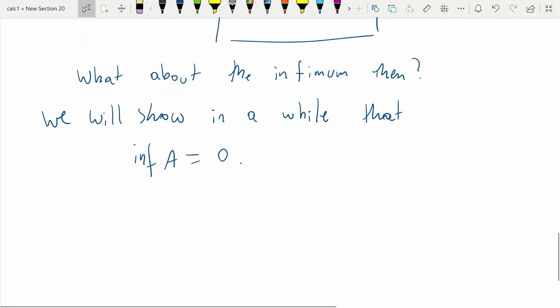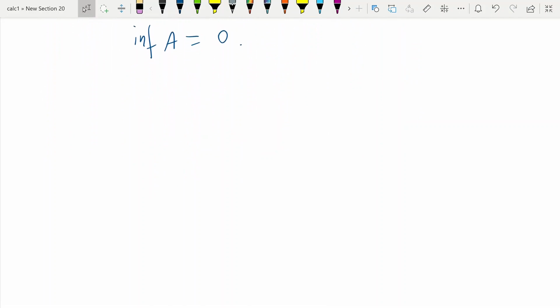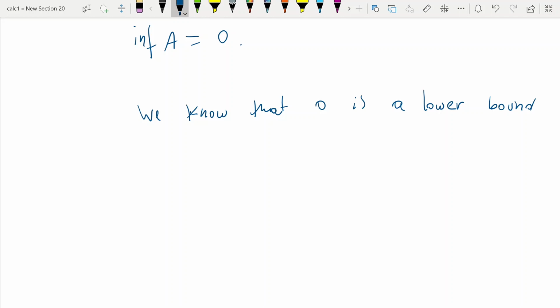So this is not actually a proof, but we know that 0 is a lower bound. We know that one for sure. Now the question is, can there be any lower bound that is greater than 0?